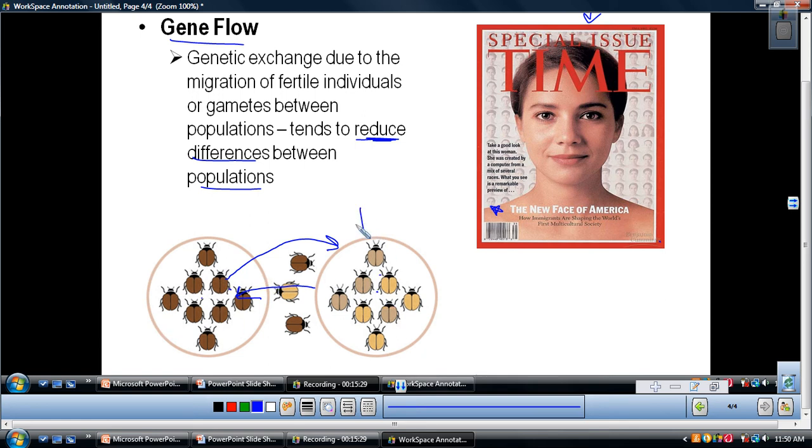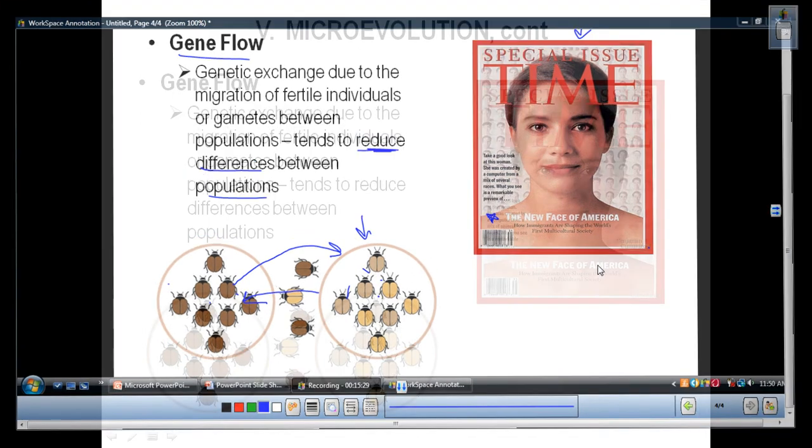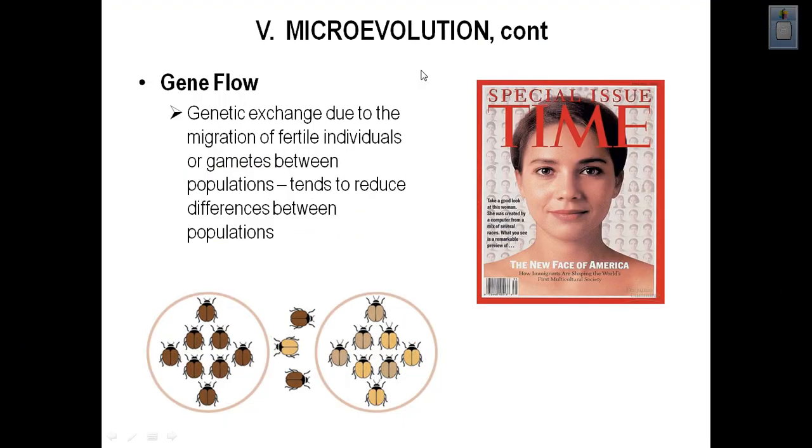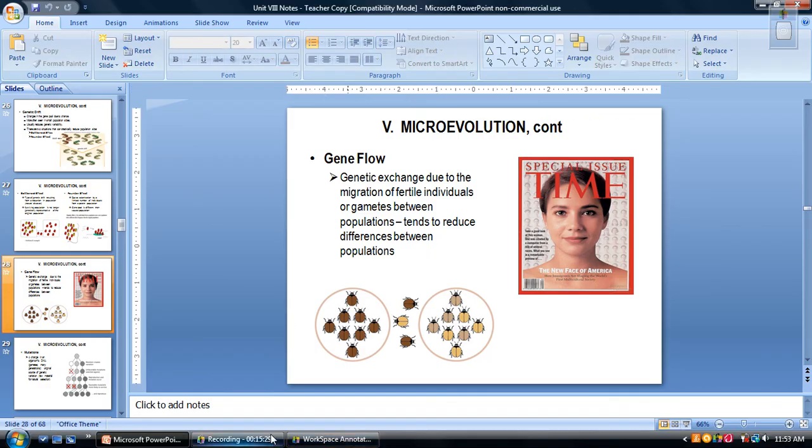So when we say it reduces genetic variation, it's because this population and this population become very similar to each other because of gene flow. Gene flow is common among a lot of populations today.